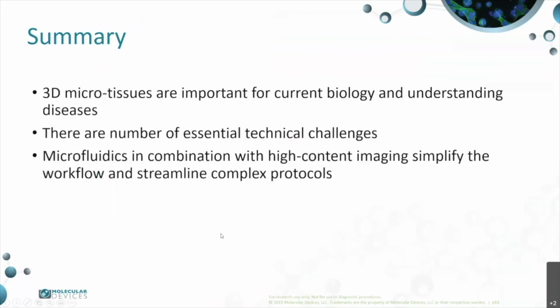So in summary, 3D microtissues are important for current biology and understanding diseases, and they present a number of essential technical challenges. And when you use microfluidics in combination with high content imaging, it simplifies greatly the workflow and streamlines complex protocols.